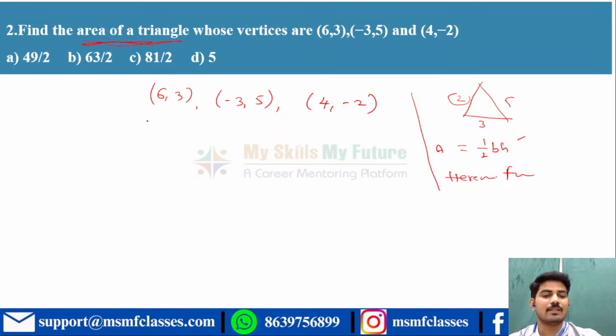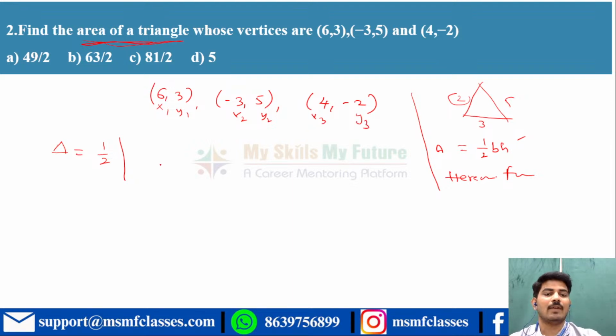For this also we have a basic direct formula. If you remember this formula, then you can easily find the area of the triangle. Area of triangle is equal to half into modulus of, okay, I'm naming these values here: x1, y1, x2, y2, x3 and y3.